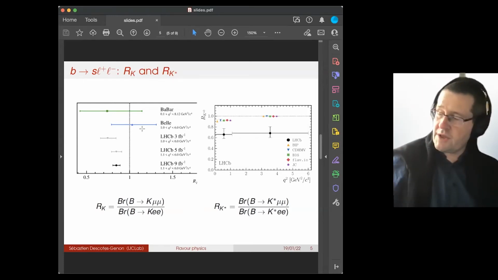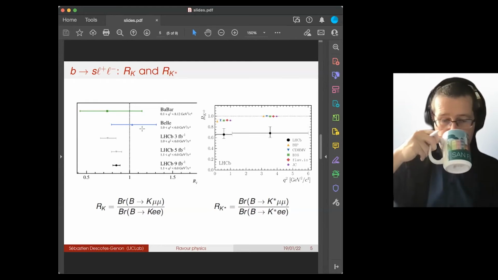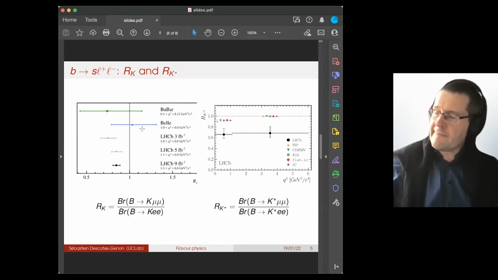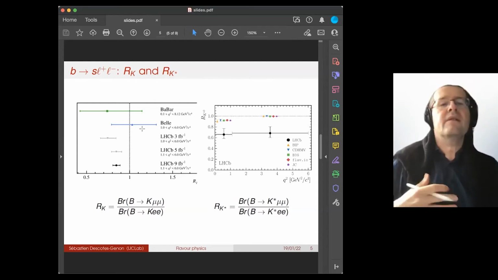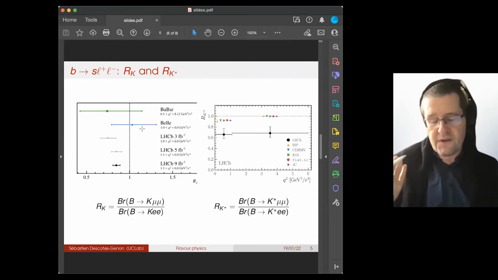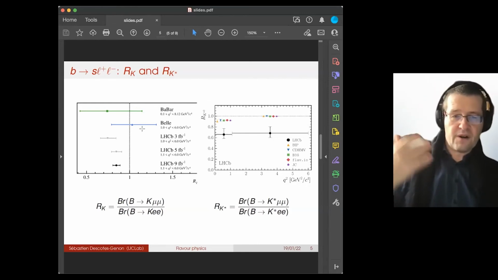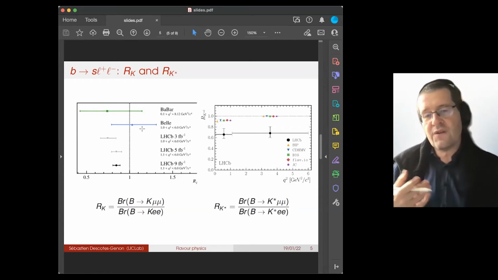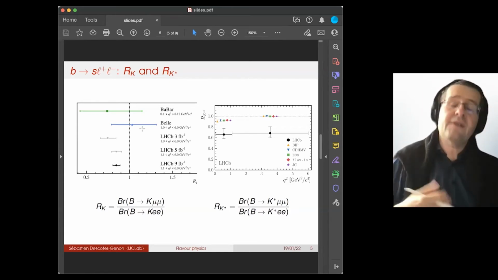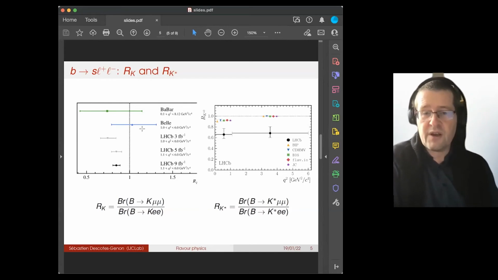At the beginning, as I mentioned, for those two kinds of decays, B2C and B2S, I said that if in the B2C case the main culprit of something going on is RD star, for B2SLL there are more places where there are deviations. First, these deviations can be seen already at the level of deviations for B2K mu alone and B2K star mu alone.